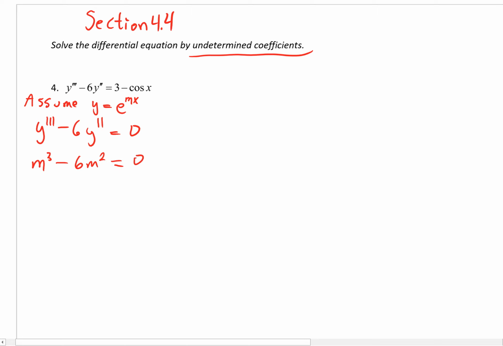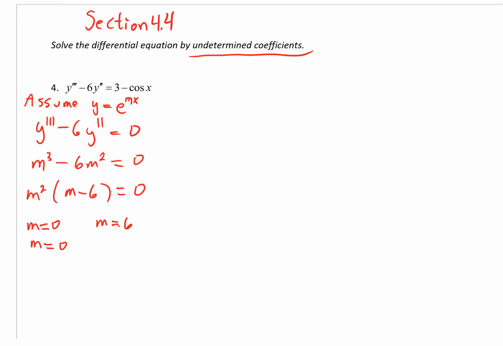This is called our characteristic equation, by the way. And we could factor out an m squared. And I hope you can see that because m squared is here, 0 is what we call a double root. And m minus 6, of course, saying that equal to 0, you would get m equals 6.